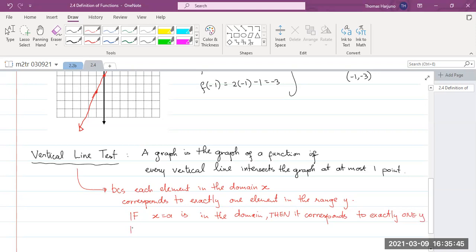Now, what happens if X equals a is not in the domain?